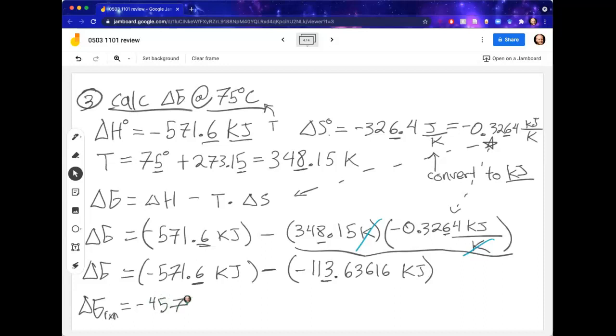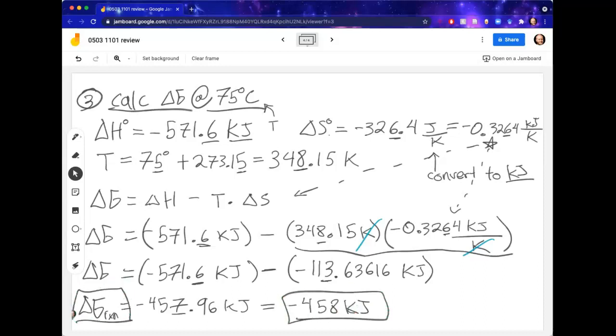Minus 457.96 kilojoules, and we can round to finally 3 sig figs, minus 458 kilojoules. A long problem, but if you can get the process down, you can do it very rapidly. I'm going to pause the recording, and then we can take some more questions about this or anything else.